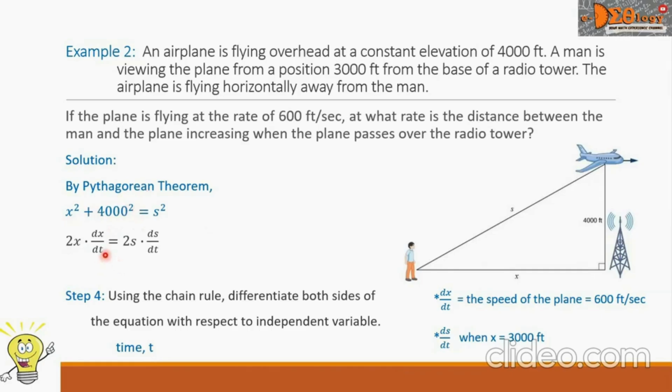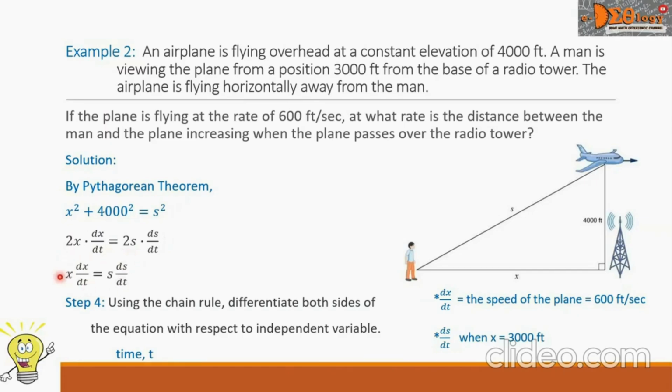So no need to write the plus 0 on the left, equals the derivative of s squared with respect to time, which is 2s times ds over dt. We can simplify further this equation by dividing by 2. So we have now x times dx over dt equals s times ds over dt.